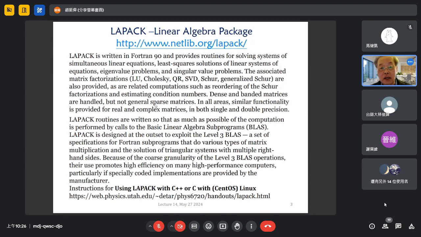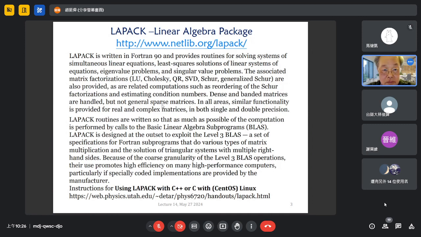All these routines provide real and complex matrices, in single precision and double precision, similar to the BLAS. If you look at the first letter of the routine, you know what kind of data type it handles.